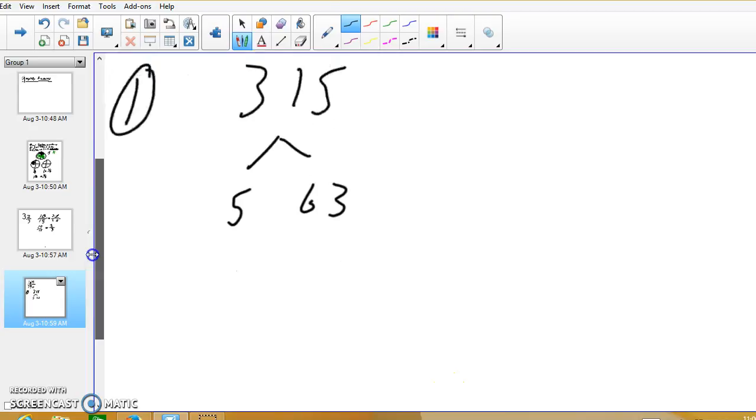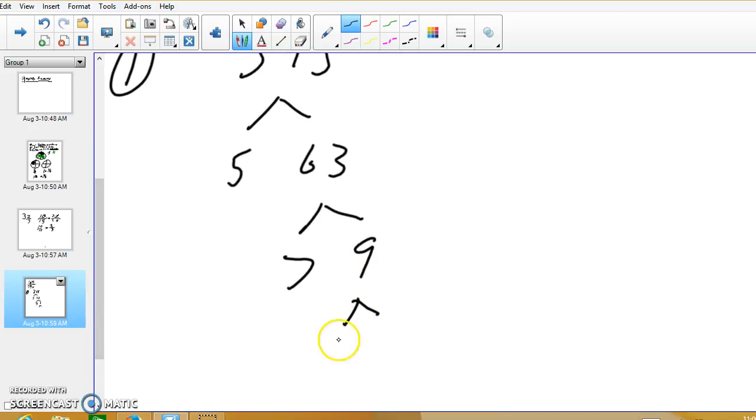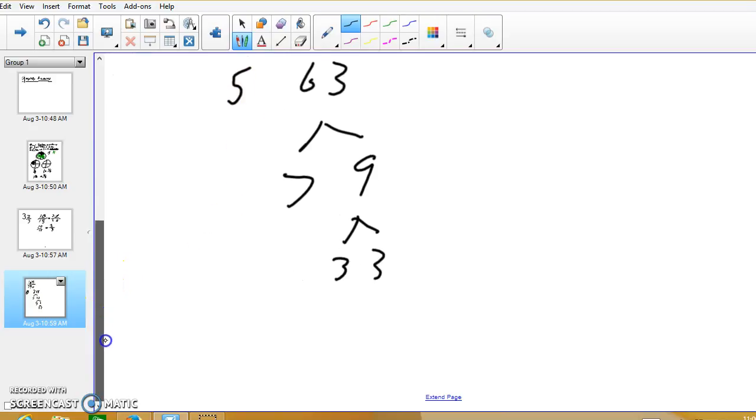It's not like I'm just pulling these numbers out of the top of my head, so if you ever need a calculator to do something like this, feel free to go ahead. Then 3 and 3. So I found our prime factorization of 315 is equal to 5 times 7 times 3 times 3.